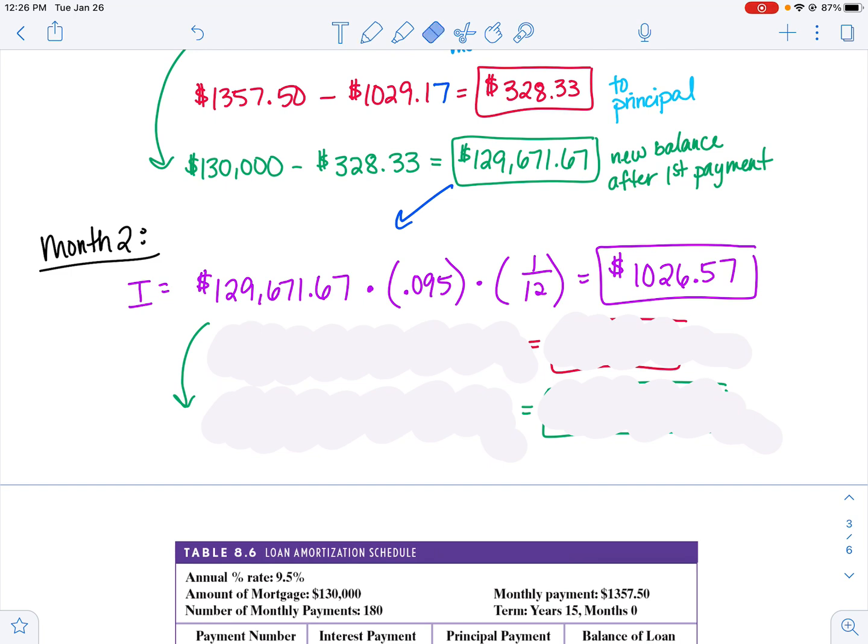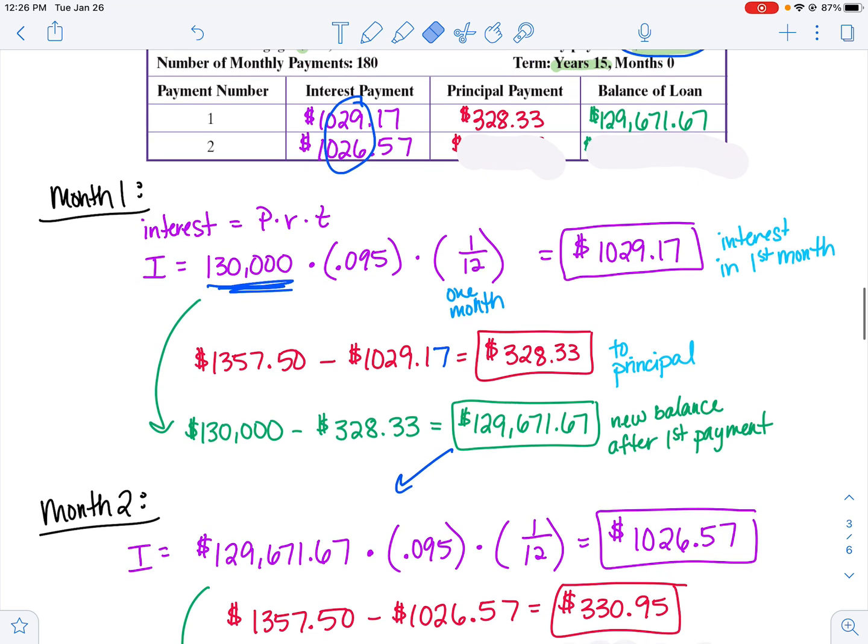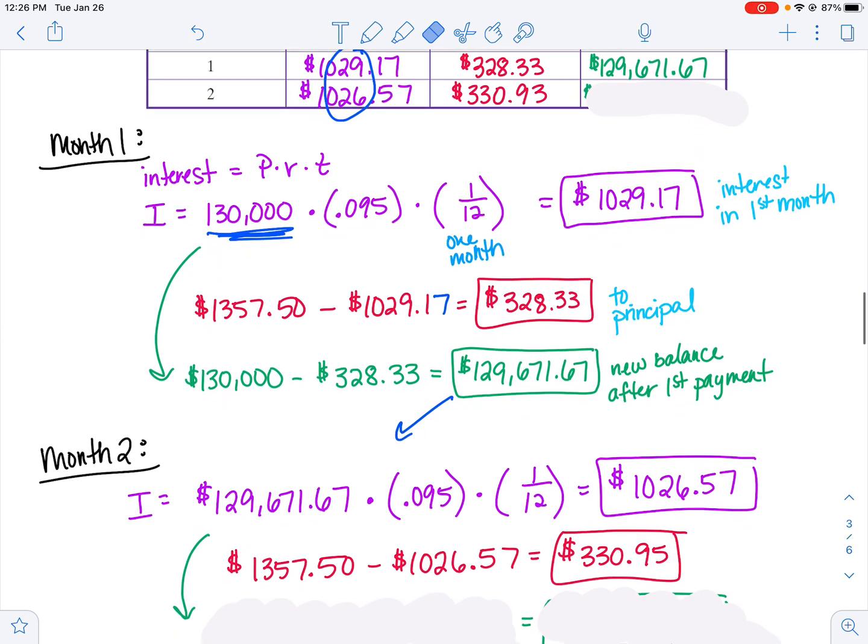So if my payment, remember, was the $1,357.50, but $1,026 goes to interest, then the difference, if I subtract, would be $330.95. That's the amount that's going to go toward my balance, paying off my home. So you can see how that increased a little bit. The interest amount decreased and my principal payment amount increased. Just a little bit, but still better than nothing, right?